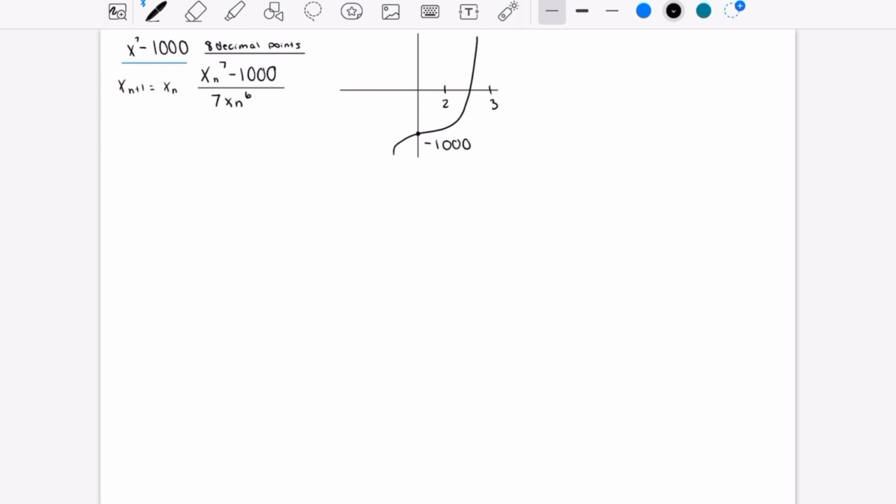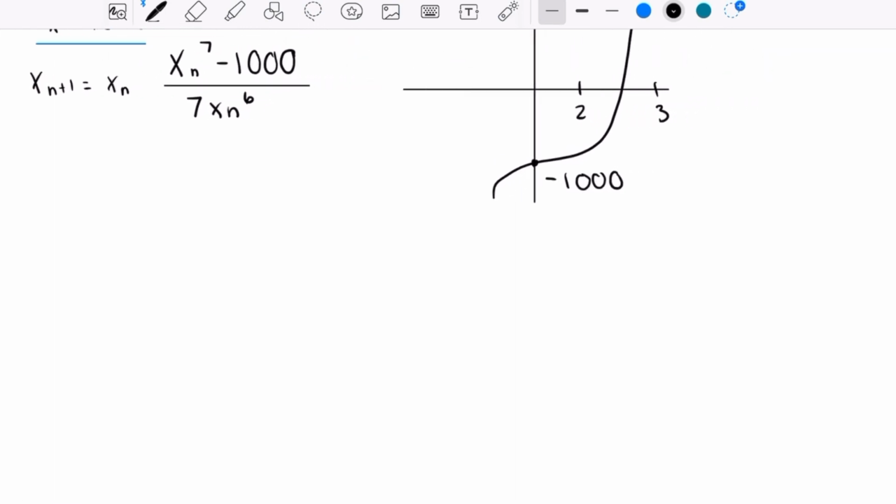So we've plugged the original equation into our formula. Now we need to find our x sub n. So we're going to say that x of 1 equals 3. So we're going to do x n plus 1. So x of 2 equals x of n. We just said x1 equals 3.